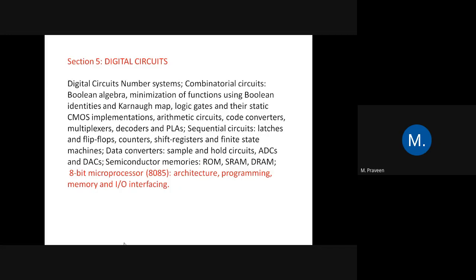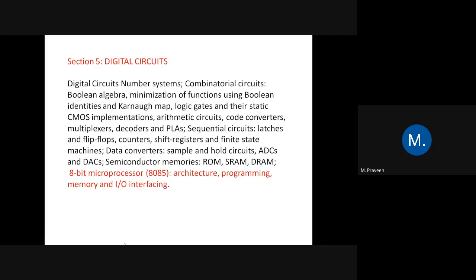You already know memory interfacing and input-output interfacing with 8086; it is the same for 8085, where you replace 8086 with 8085. The remaining concepts are the same as 8086. So this is the syllabus. It is very simple: we have only 3 topics, and if you are very familiar with them, you can attend 2 or 3 questions from the GATE exam.